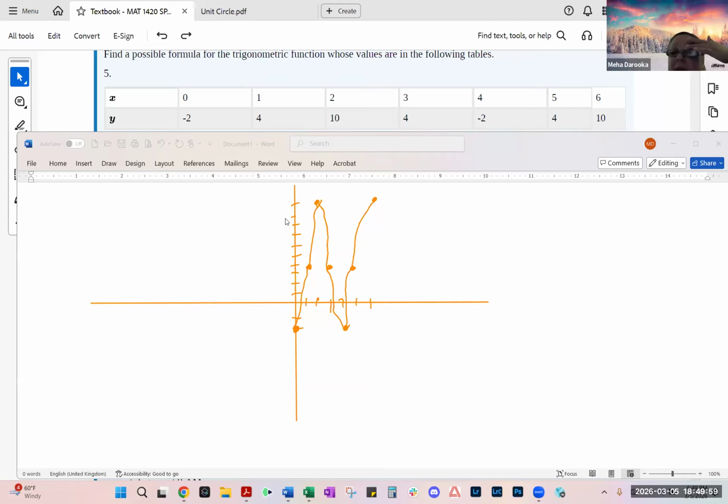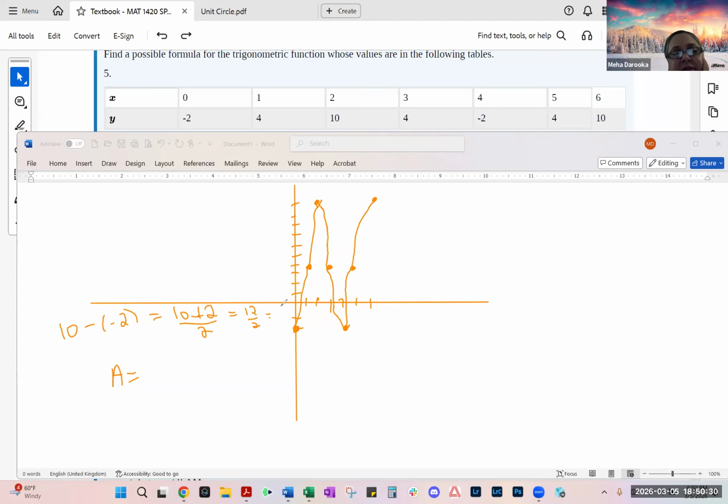Okay, alrighty. So can somebody tell me what our amplitude is for this wave, the A value? Yeah, very good. Because remember, your maximum value is 10, your minimum value is -2. So you're basically looking at a distance of 12 units, right?